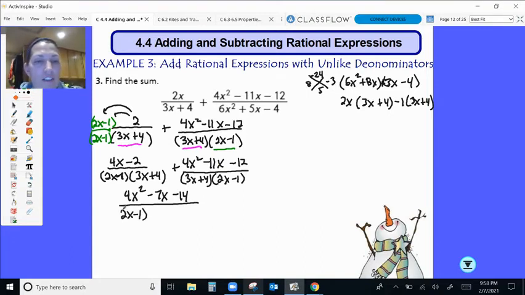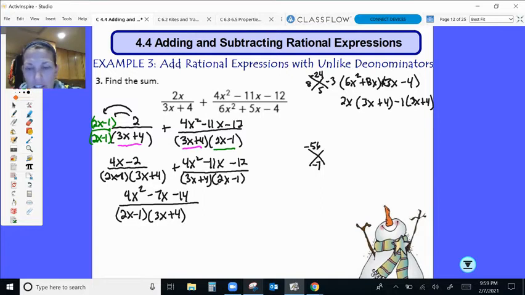All over my 2x minus 1 and my 3x plus 4. Okay, now I guess I can see if this is going to factor here. So we could say, let's see, 14 times 4 is 56. 56, negative 56, to add up to negative 7. Let's see, what would that be?